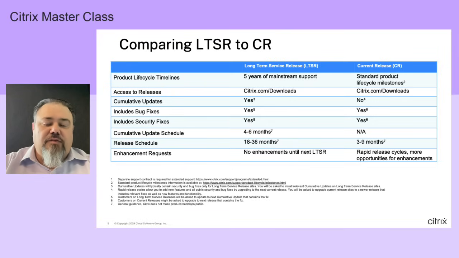We only provide bug fixes in those releases for the 5 years that we support it. Those bug fixes usually come out every 4 to 6 months, and those include bug fixes and any security fixes that we have, and we keep going with those through the life of that LTSR.